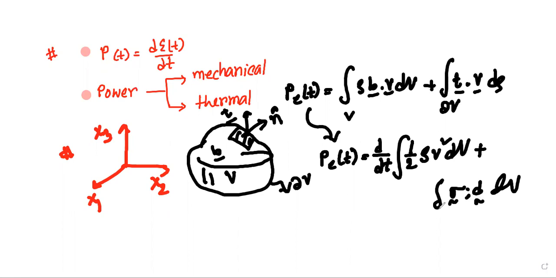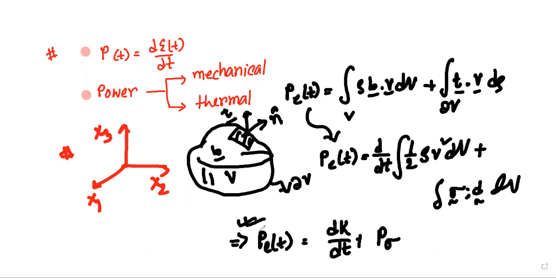All of this was discussed in the previous video. So the mechanical power is categorized in two terms: the rate of change in kinetic energy and the stress power. We'll box around it.